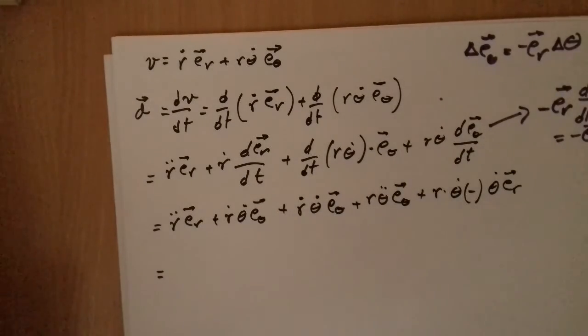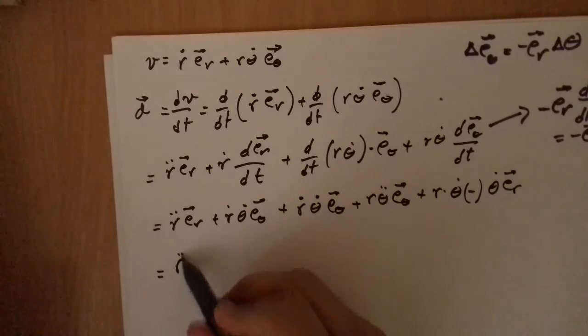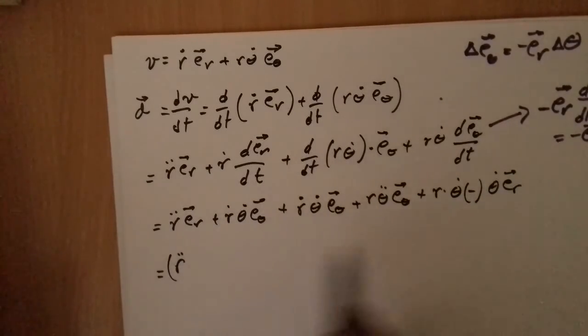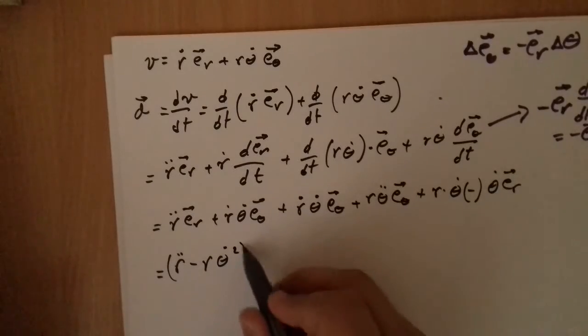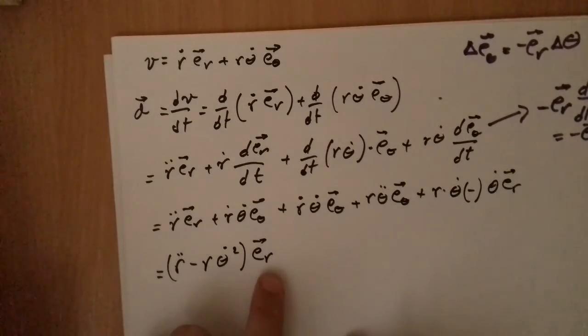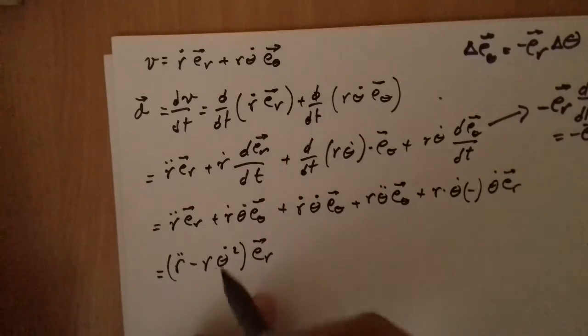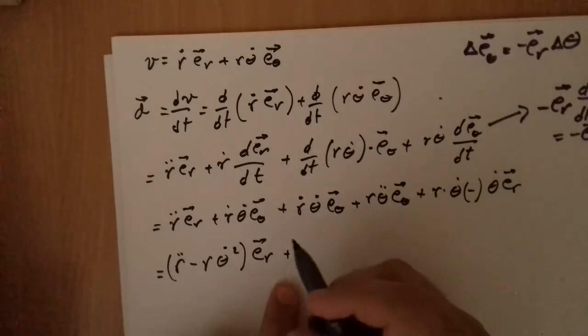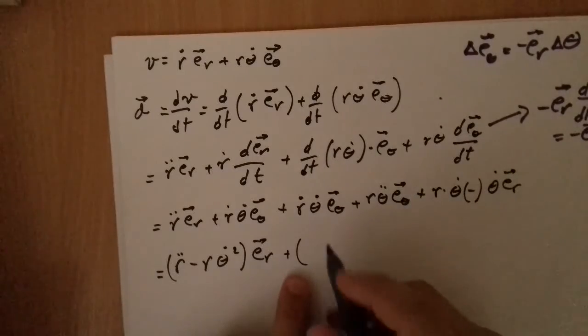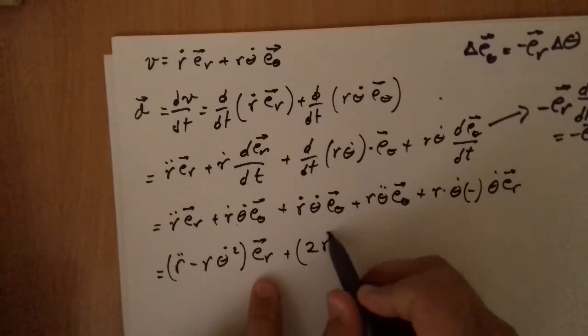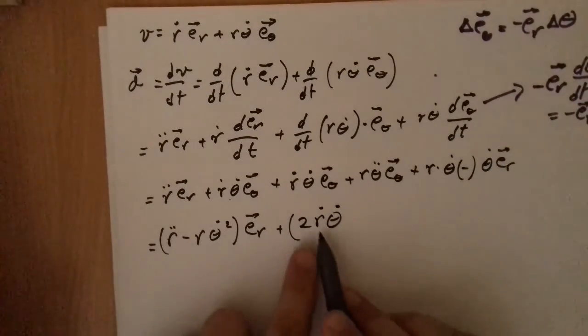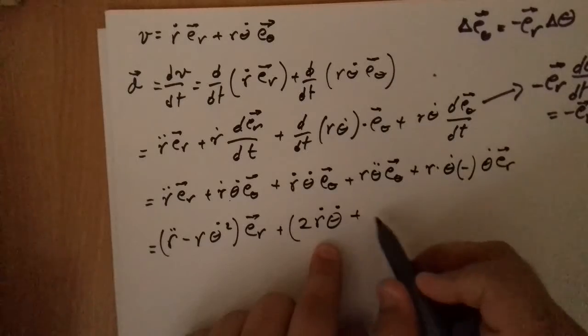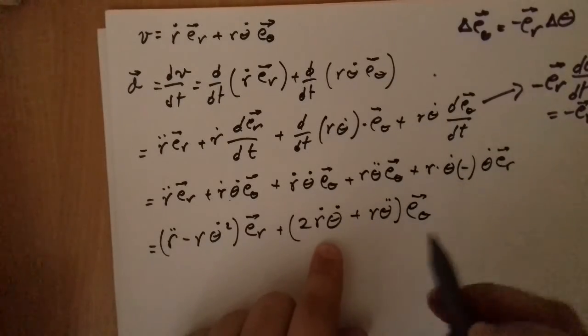So now we are ready for components. So we can write r double dot minus r theta dot squared in e r component, and we have plus 2 r dot theta dot plus r theta double dot in e theta component.